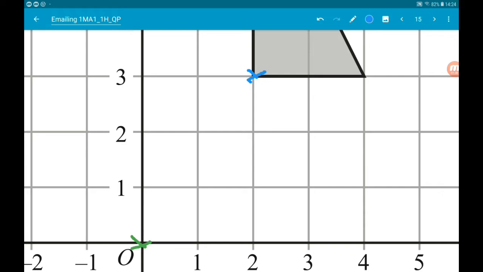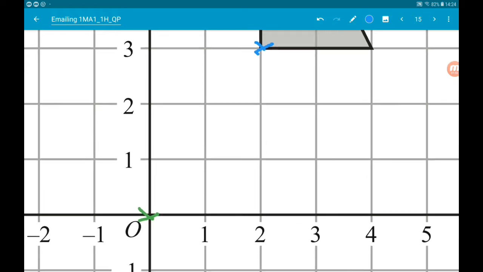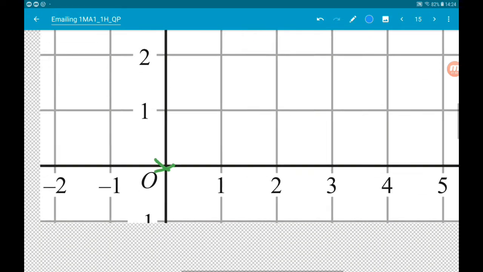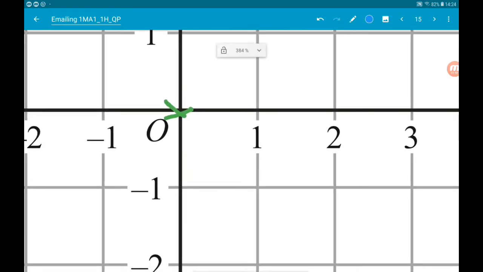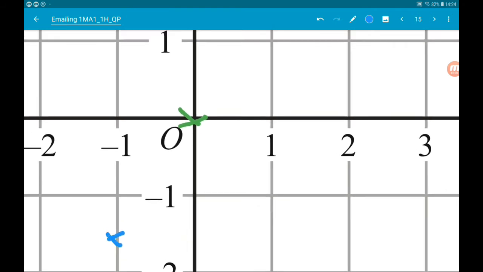So because we are enlarging with a negative scale factor, we're going to be going left and down from 0, 0 and half the distance. So we're going to go 2, no we're not, we're going to go 1 left and 1.5 down. So that's going to take us there.